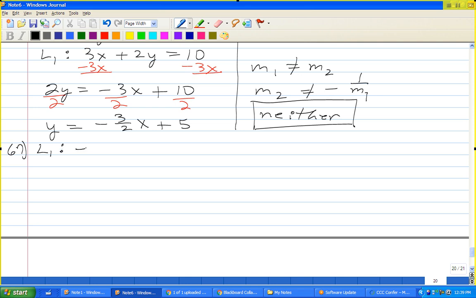L1: negative 5x minus 4y equals 2. L2: y equals 4/5 x plus 3. Okay.